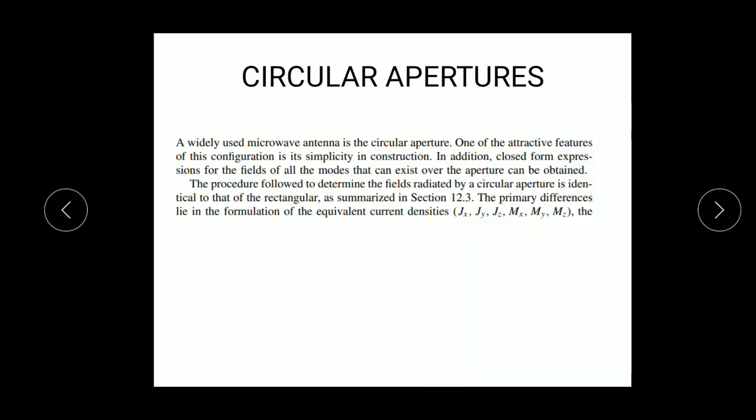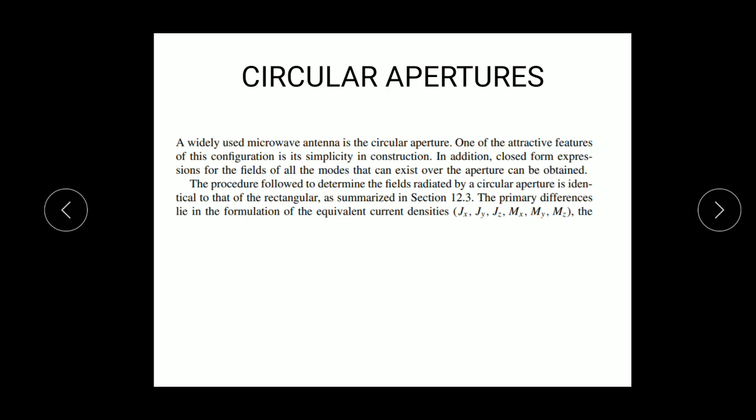So the circular aperture is a widely used microwave antenna. One of the attractive features of this configuration is simplicity in construction. In addition, closed form expressions for the fields of all the modes that can exist over the aperture can be obtained.